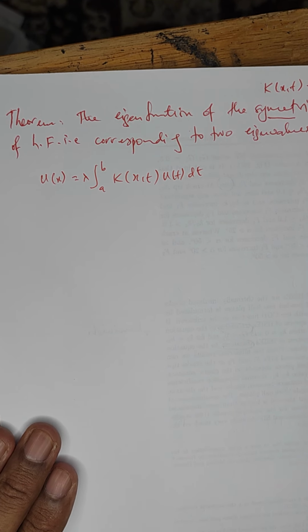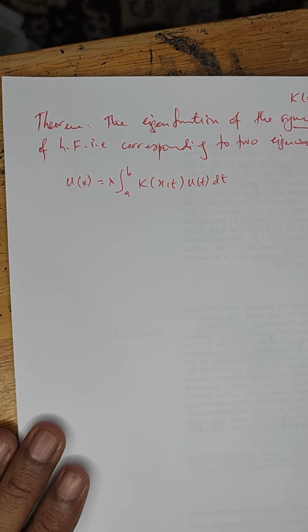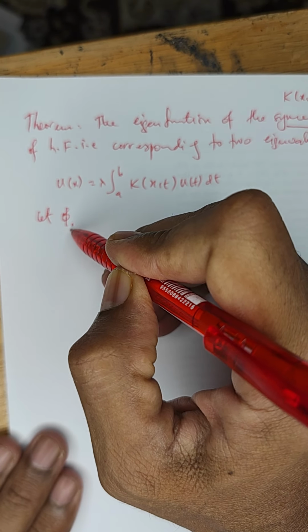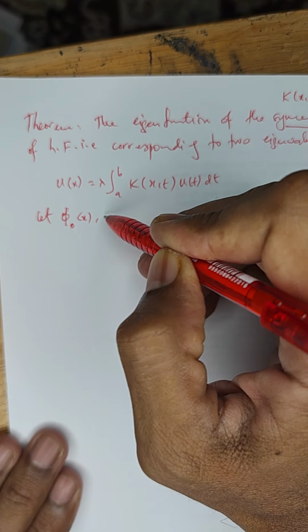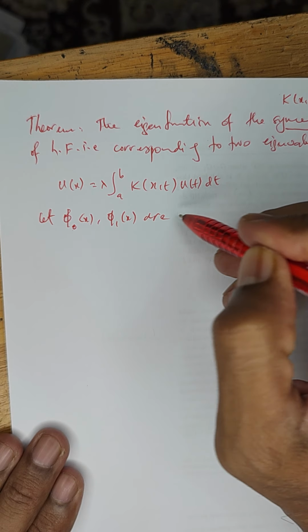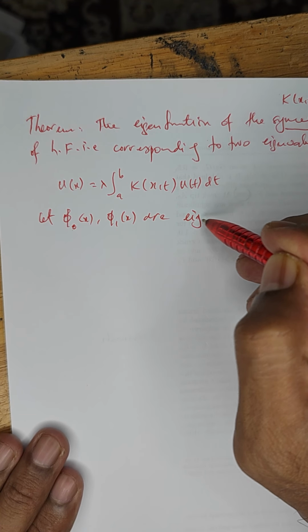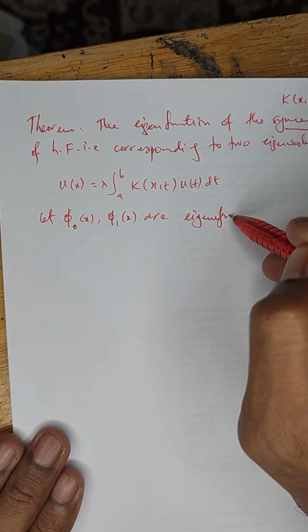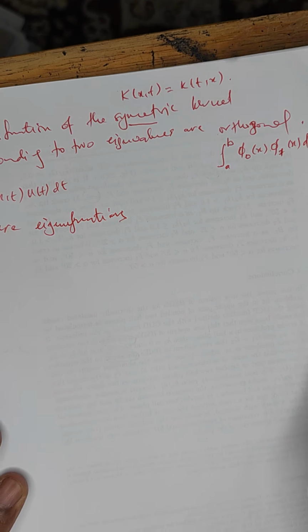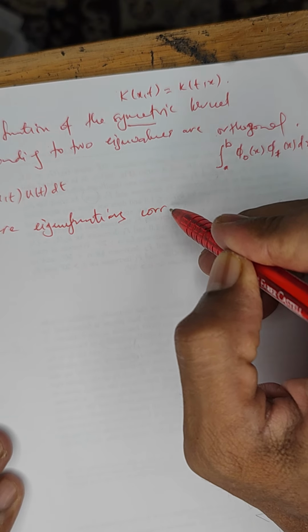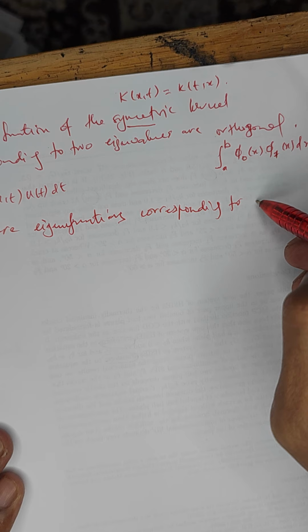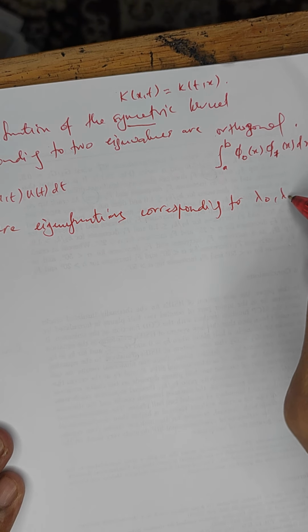We're going to prove this, and we let phi naught x and phi1 x be the eigenfunctions corresponding to eigenvalues lambda naught and lambda 1.